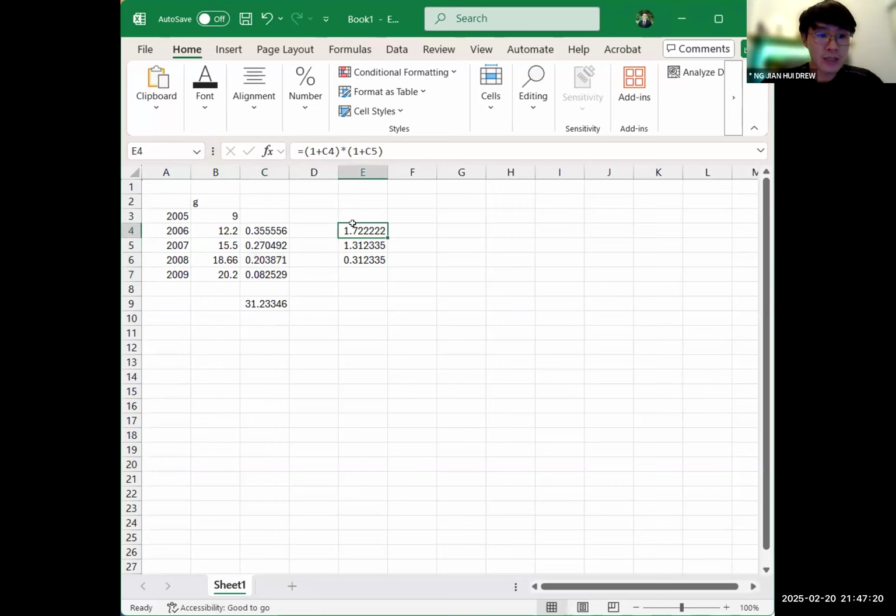Maybe we use geometric. Let's try to use the geometric one. Let's do this, right? One plus this times one plus.